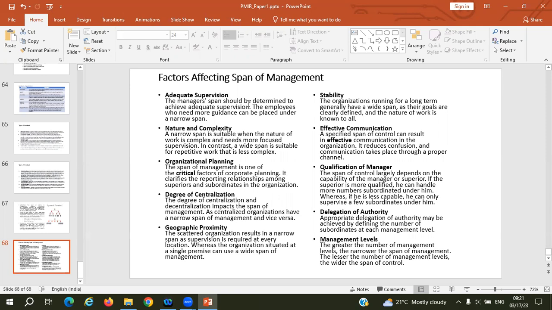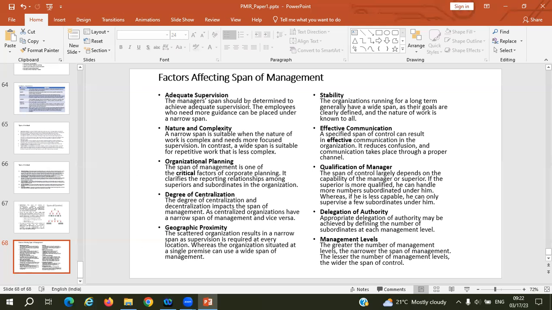Organization planning. This is another factor: how the organization is planning to expand the business. What is written here is that span of management is one of the critical factors of corporate planning. It clarifies the reporting relationship between supervisors and subordinates in the organization. Suppose the organization is planning certain things, a certain design, a certain domain.